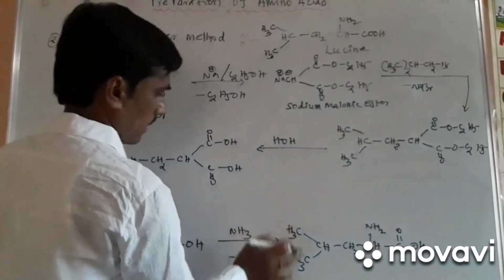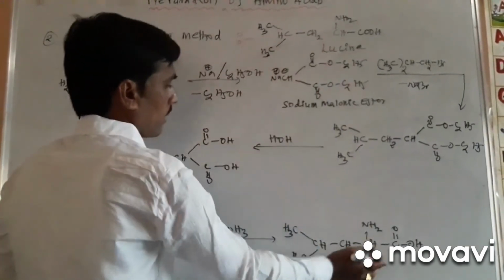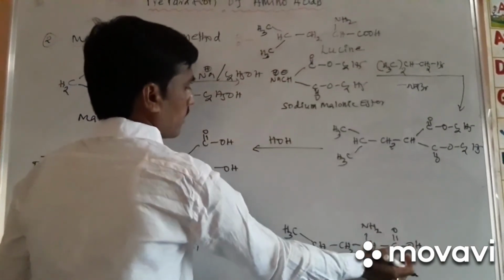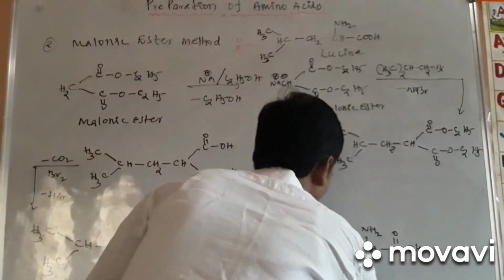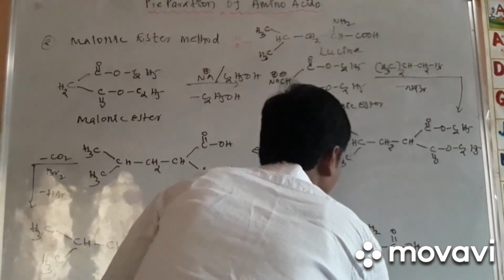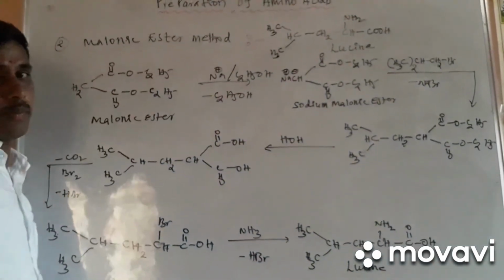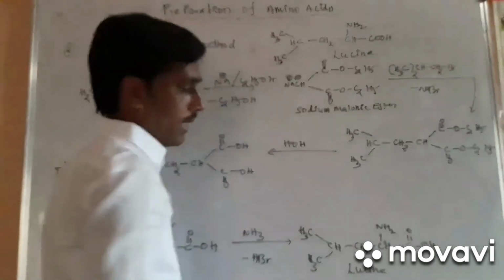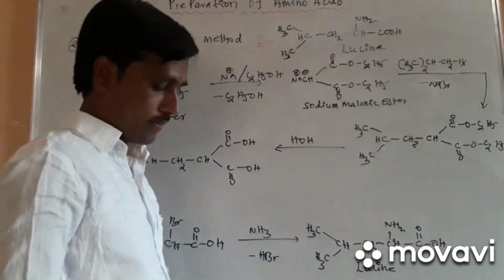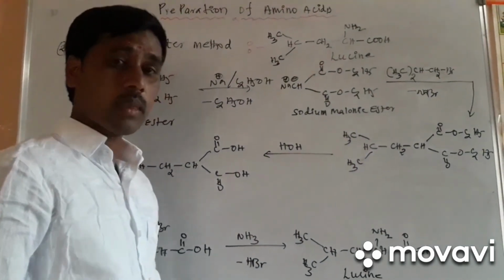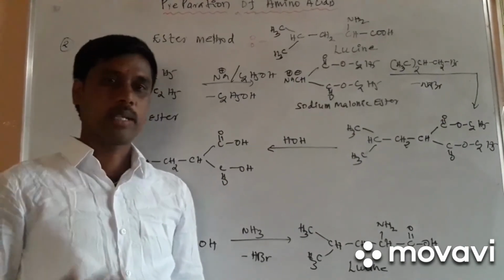This is called leucine. By using this malonic ester method, we have prepared one of the alpha amino acids, that is leucine. The next method is Strecker's method. We will discuss this Strecker's method in the next class.